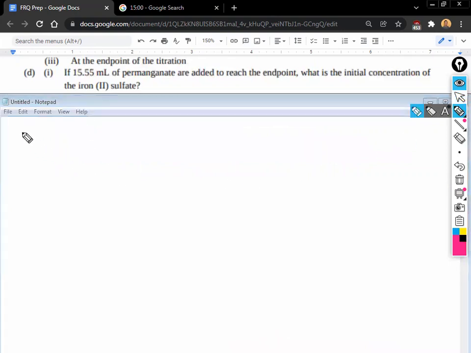So what this tells us is the volume of permanganate is 15.55 milliliters, KMnO4. Okay, and it's asking us to find the initial concentration of iron 2 sulfate. So that's what we're looking for, the molarity of iron 2 sulfate. Now, we have the volume, but we also have the concentration of permanganate, right?